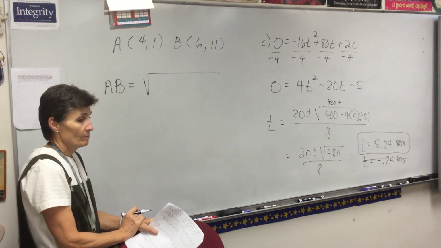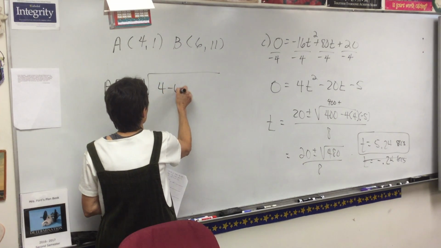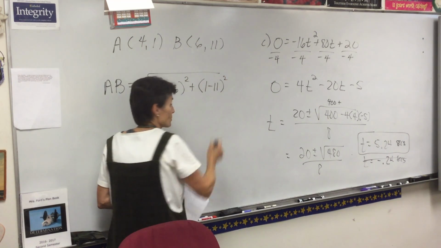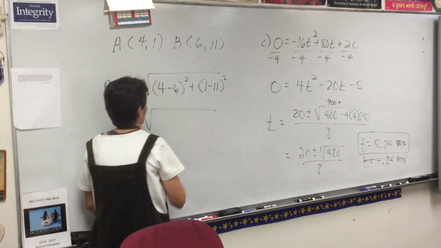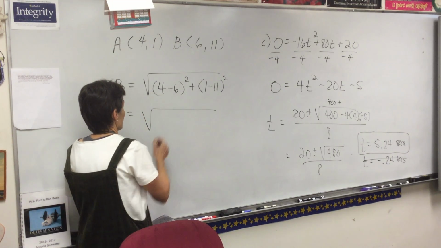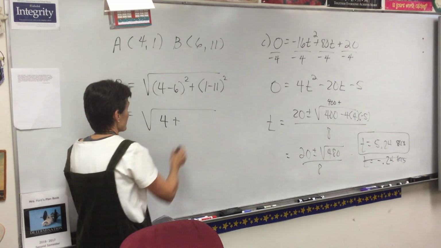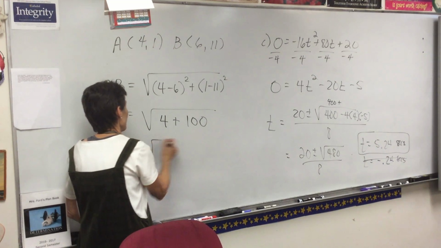What do I do? 4 minus 6 squared. 1 minus 11 squared. That's 4 plus something. So that's going to be 4. And that's going to be 100. Yep. So the square root of 104.